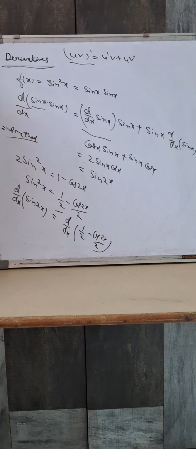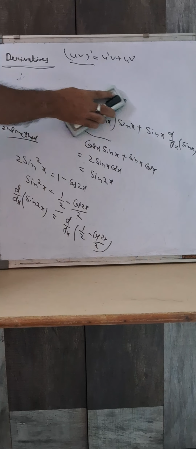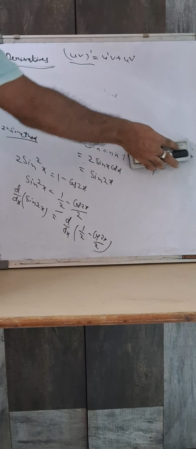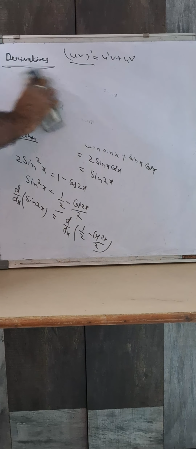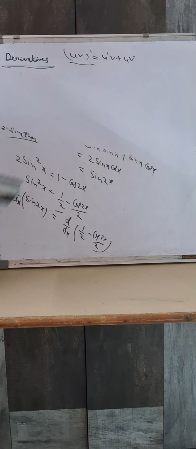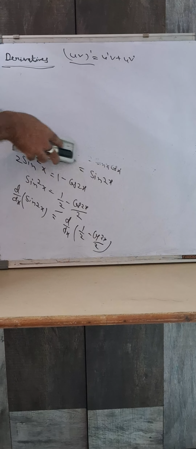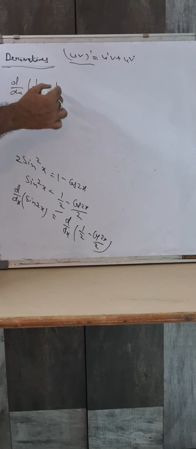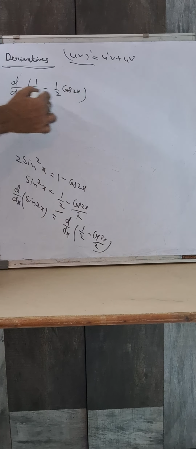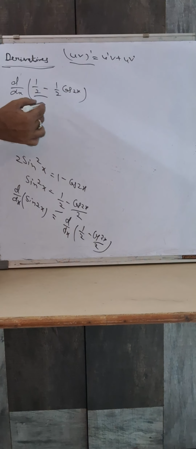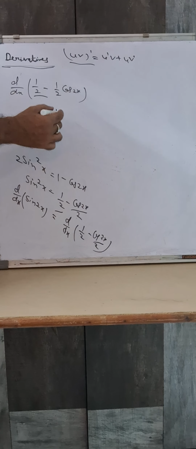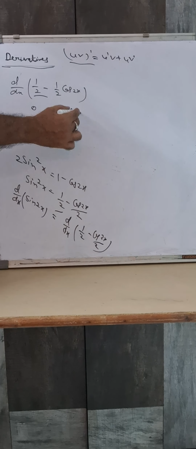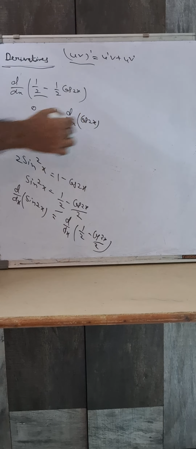d upon dx of 1 by 2 minus 1 by 2 cos 2x. Differentiation of 1 by 2, a constant function, is 0, minus 1 by 2, constant can be taken out, d upon dx cos 2x.